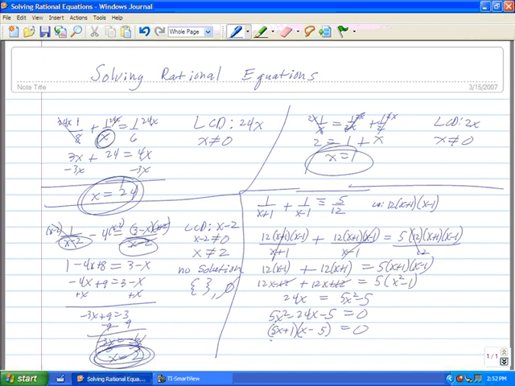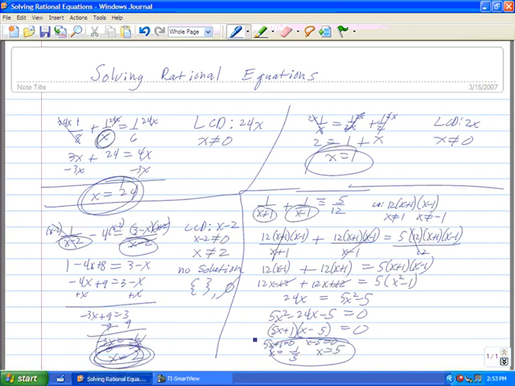That factors. So I have 5x plus 1 equaling 0, and x minus 5 equaling 0. So x will be negative 1/5 and positive 5. And of course, from these original denominators, we know that x can't be 1 and x can't be negative 1. So I do believe those answers are perfectly legitimate.